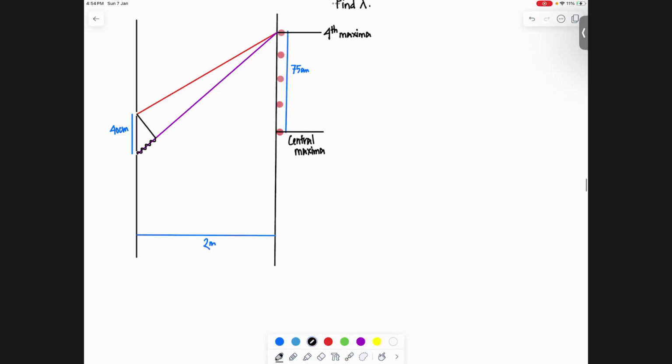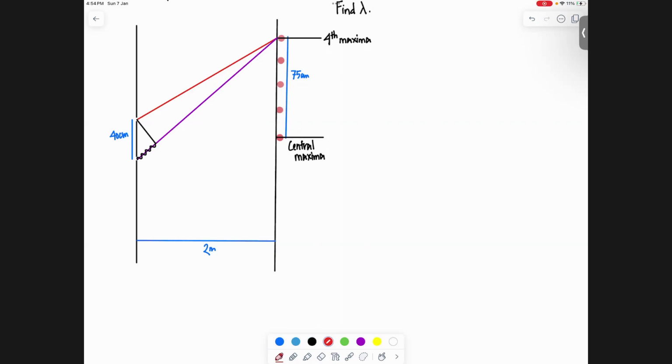So what we have to do now is try to figure out what the length of the red line is. And that is not physics, it's math. Okay, I'll explain how. If I create a triangle here, this is 40 centimeters, right? So this extra gap here is going to be 20 centimeters, and that extra gap there is going to be 20 centimeters.